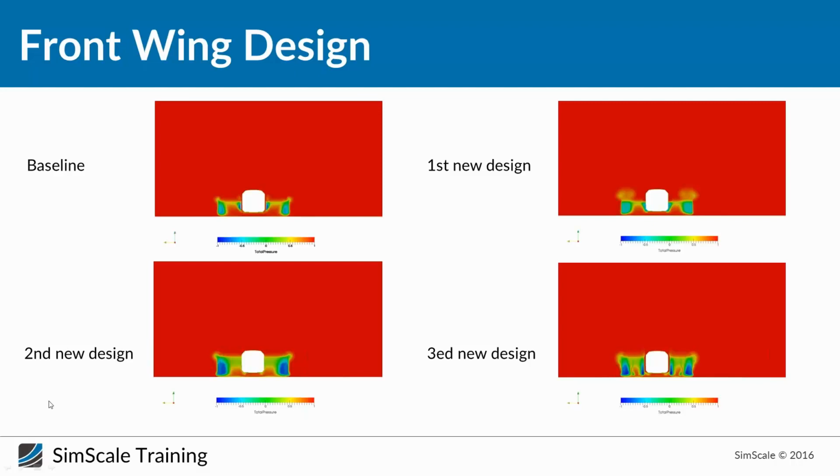But what I think is nice to see here is this vortex over here. This one is created because of the fin that we have created under the wing, and we can see that this fin reduced a little bit the size of this red or low energy flow that is here.